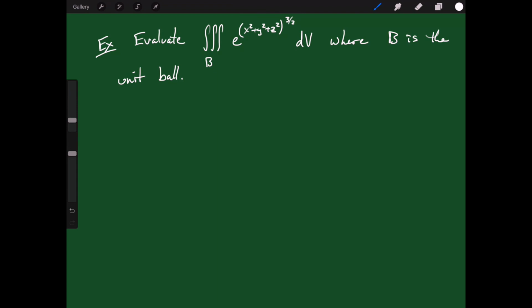In other words, the ball of radius 1 centered at the origin. Okay, so if we're working with the ball of radius 1 centered at the origin, so here's my unit ball.